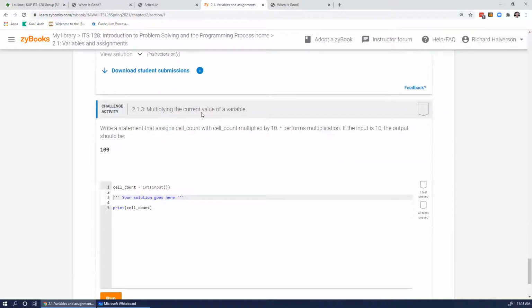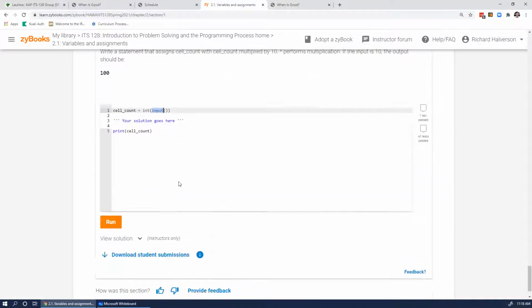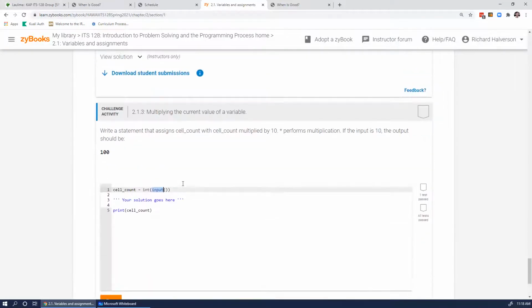What's this next one? Multiply the current value of a variable. Okay, so here you've got a variable, and it asks the user what it is. When Zybooks is testing your solution, it's going to assume values in there for that.